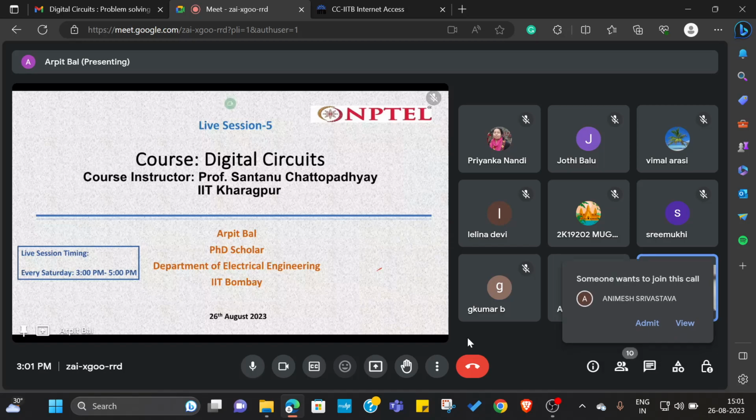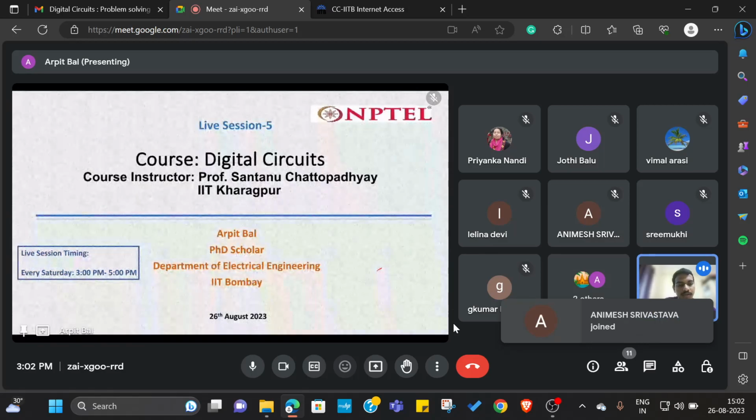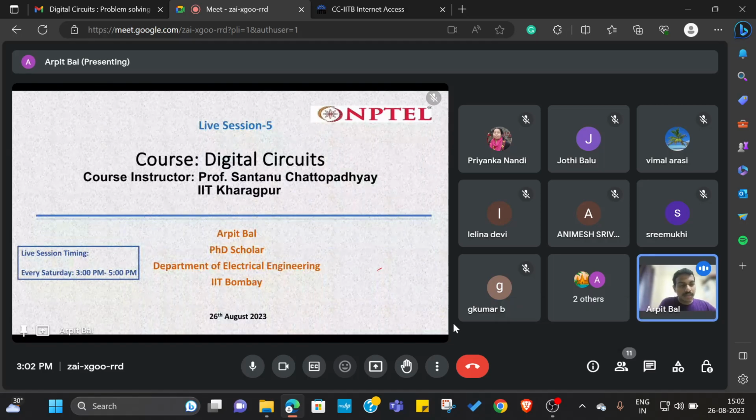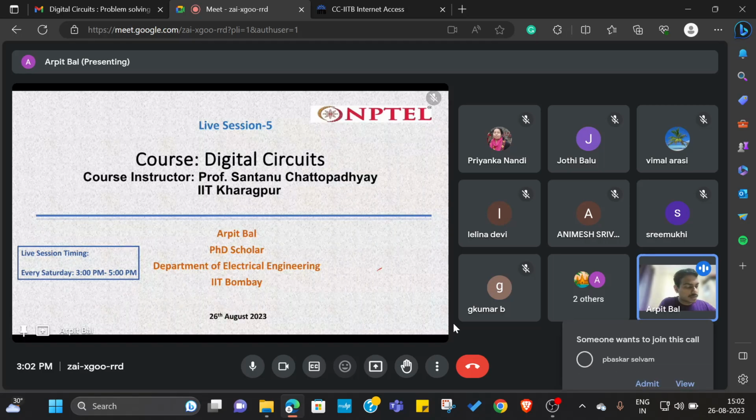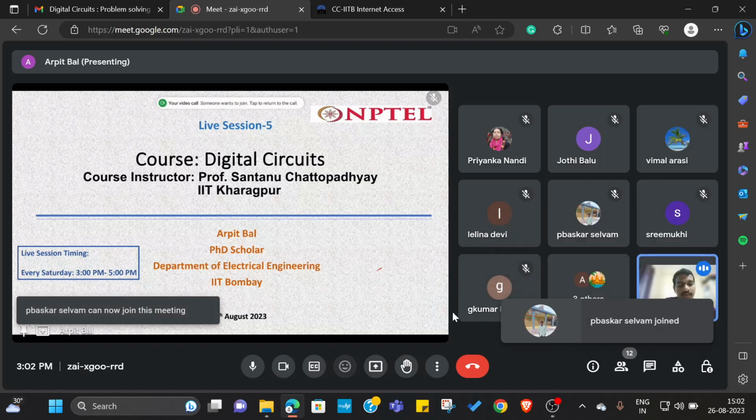In the previous lectures, what we have covered is related to basics of number system, then basic logic gates, floating point representation, and a few basic arithmetic circuits. So in today's session, what we are going to cover is some more arithmetic circuits.